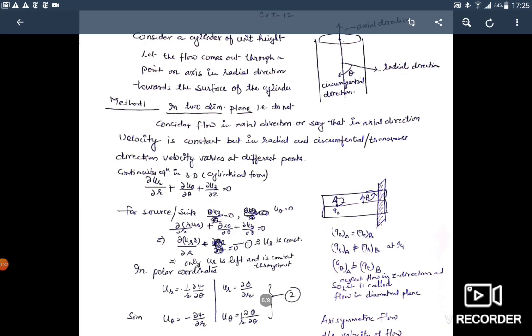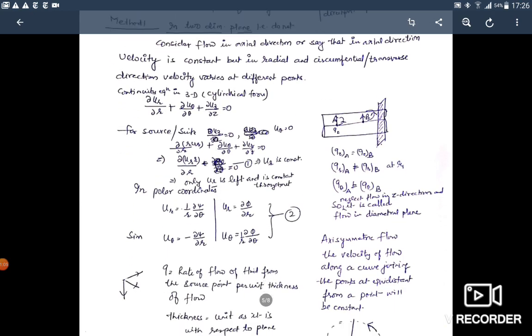But again, it will give us the property that if we are at equal distance from the source or sink, then the velocity will be the same. You may also see here that u_r and r are inversely proportional to each other. So as your r will increase, your u will decrease. Your area will increase, your velocity will decrease, and as your area will decrease, your velocity will increase. So it is just to make you understand how r u_r is constant.